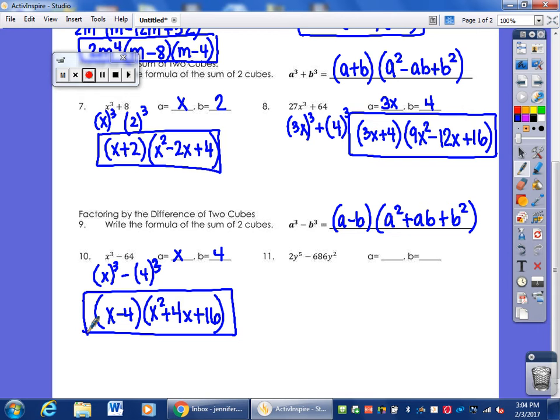On this one we have to factor out first with the GCF, and when we do that we get y to the third minus 343. And so now we have the 2y squared, but then our a value is y, and then our b value is what number cubed gives me 343, and that is 7.